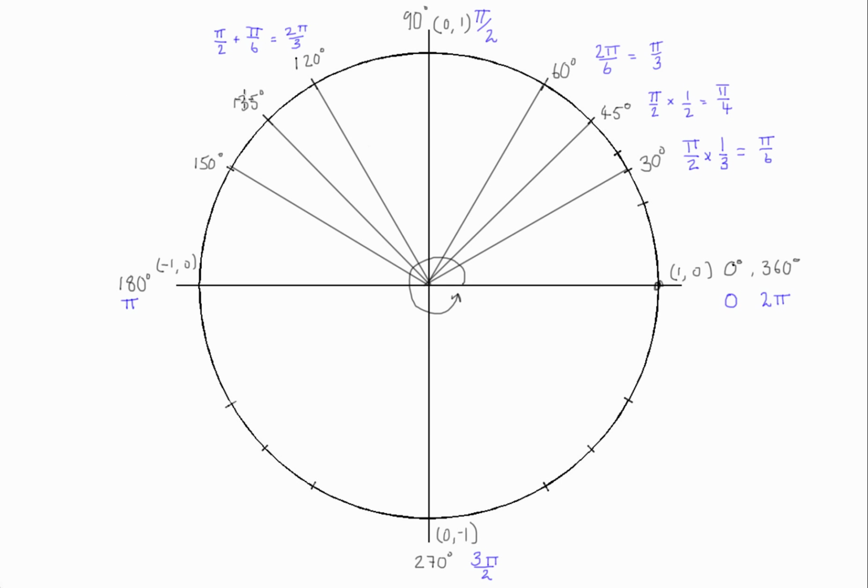So 135 is 90 plus 45. To get 135, we're going to get the radian measure for 90, pi over 2, and add the radian measure for 45, pi over 4. Pi over 2 is like saying 2 pi over 4, plus 1 pi over 4 is 3 pi over 4.